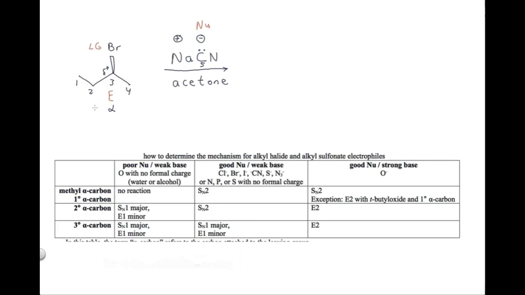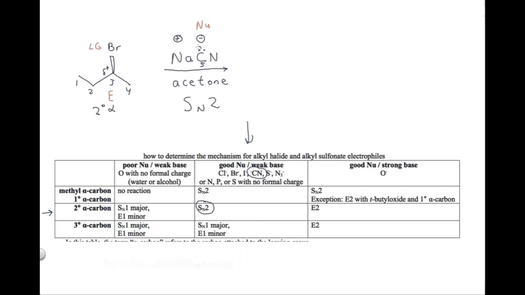Carbon 3 is a secondary alpha carbon because it's attached to 2 carbon chains, which puts us in the middle row of our table. Our nucleophile is the cyanide, CN-, which appears in the middle column, which puts us in this cell, SN2.